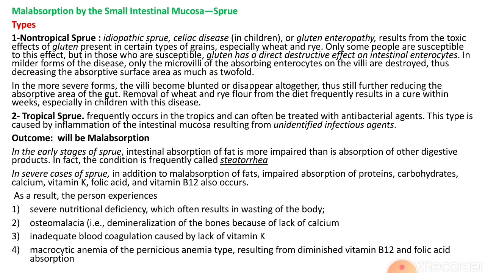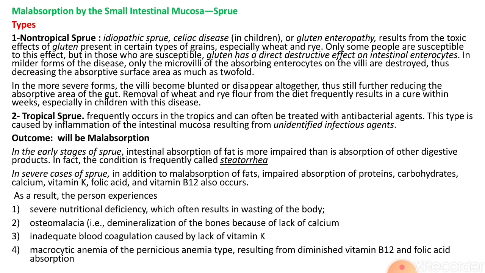As you know, the microvilli and villi play an important role in the absorption of different types of food, and the first type of food affected is fat.